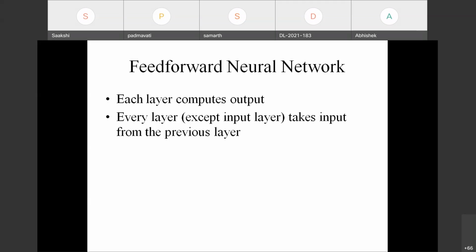So based on that data and parameters, each neuron will compute some functionality. It applies some function on the input data and the parameters, and later on it will produce some output.